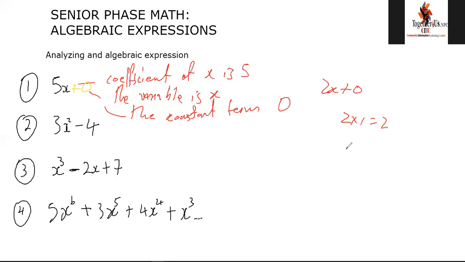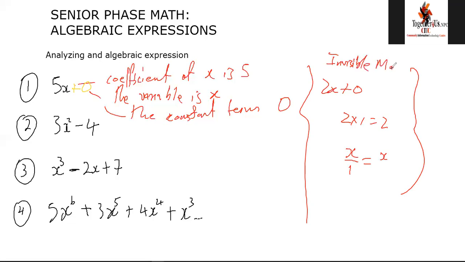If you see any number, x or y or z or p, you should know that there is a 1 as a denominator of that number. This is what Mr. G calls invisible math. You must know this invisible math. It is very important, especially as you go up the grades. It becomes very, very important.